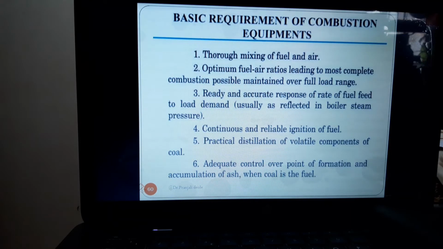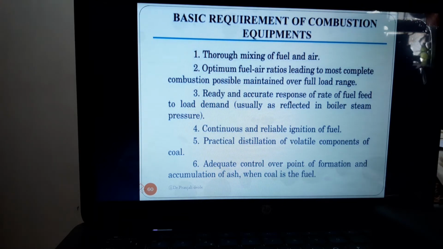Now there are certain basic requirements of combustion equipment, such as thorough mixing of the fuel and air, optimum fuel air ratios leading to the most complete combustion possible maintained over the full load range, ready and accurate response of rate of fuel feed to load demand, usually as reflected in the boiler steam pressure, continuous and reliable ignition of fuel, practical distillation of volatile components of coal, and adequate control over the point of formation and accumulation of ash when coal is the fuel.